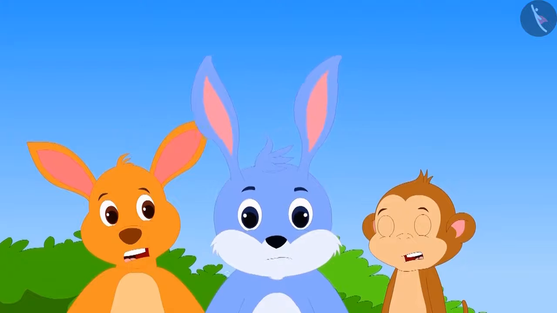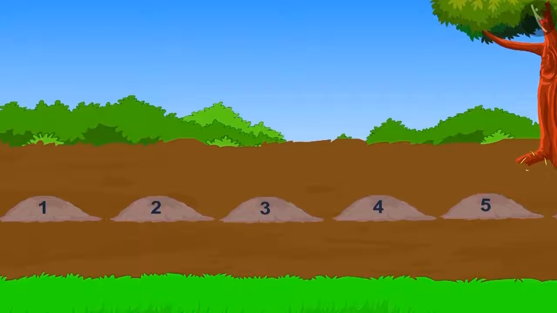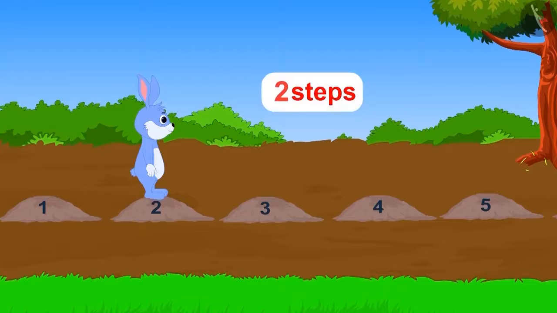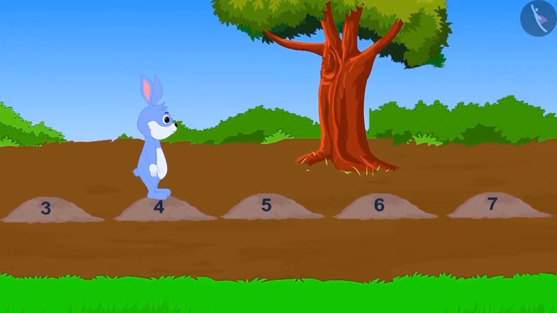First, Bunny tried to cross the swamp. He jumped 2 steps in one jump and reached the second stone. Then he took another jump and reached which stone? On the 4th stone.